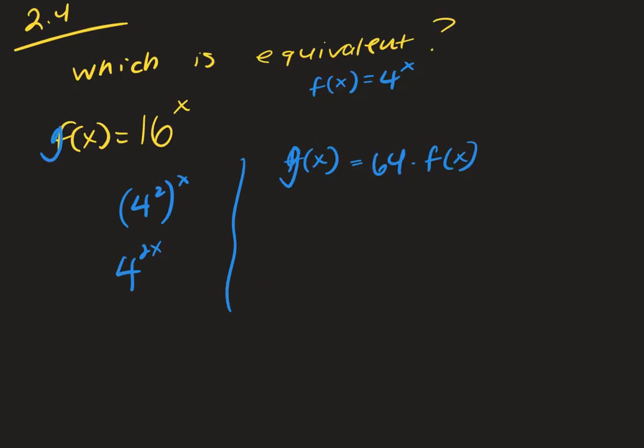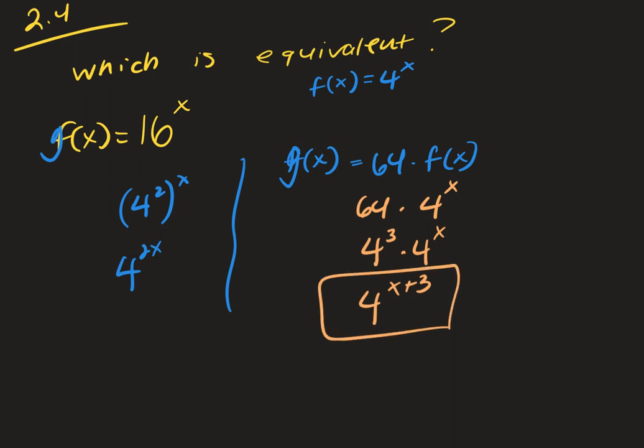Hang on. Like if f of x is 4 to the x, and then you get 64 times f of x. I'm going to say 64 times 4 to the x. 64 is 4 to what power? 4 to the third. So then this would be 4 to the x plus 3. And that would have been the choice from your multiple choice to match it with.